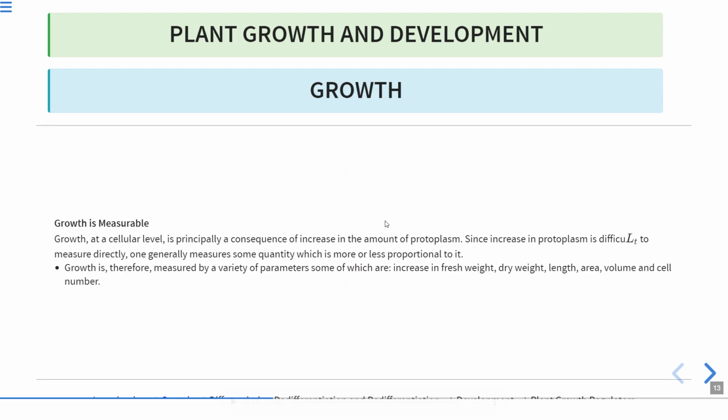So growth is measurable. You can measure the growth. Okay, how? The growth at a cellular level is principally a consequence of increase in the amount of protoplasm. So what exactly do we mean when we say growth is there at the cellular level, when you are just checking a cell?